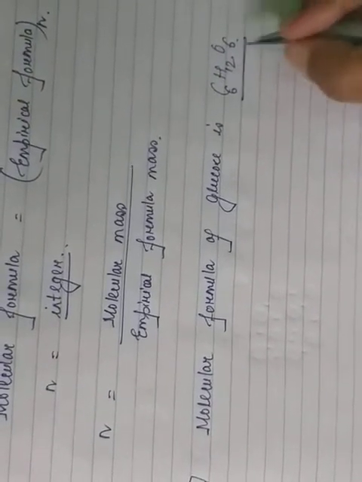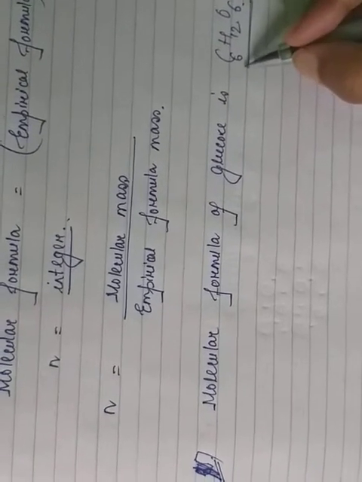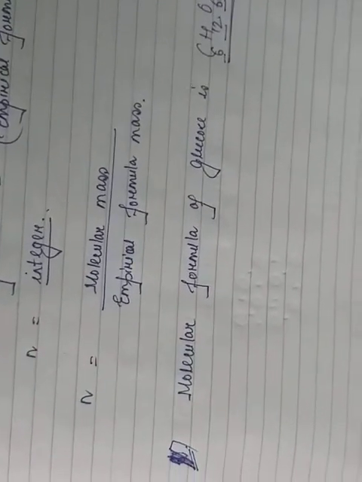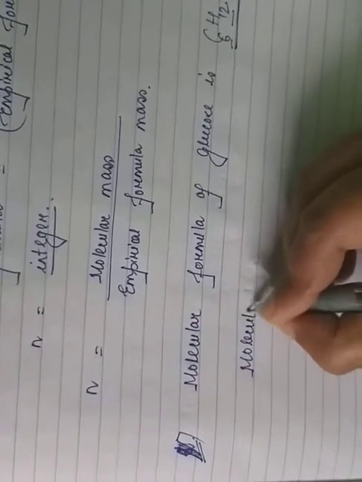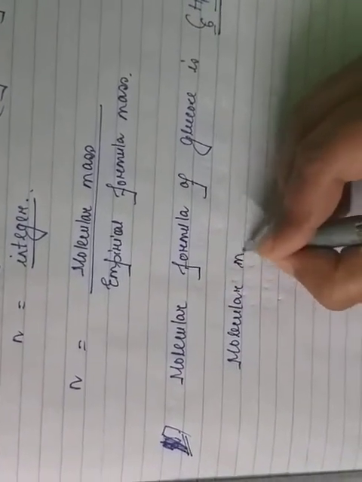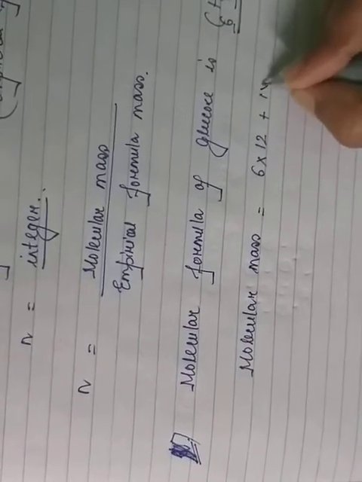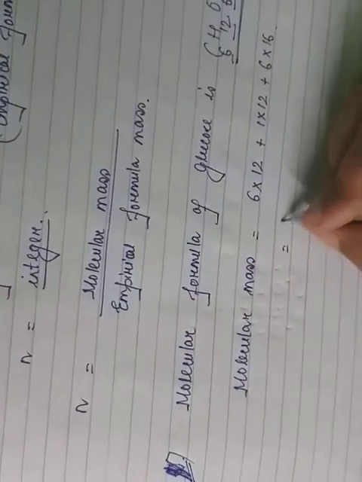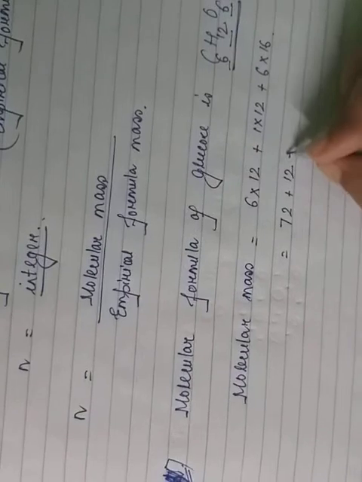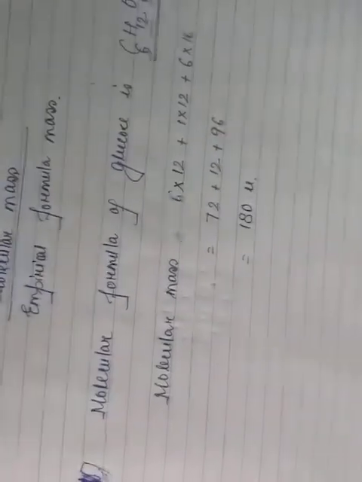That means a single molecule of glucose contains 6 atoms of carbon, 12 atoms of hydrogen and 6 atoms of oxygen. So its molecular mass, we know how to calculate it, is equal to 6 into 12 plus 12 into 1 plus 6 into 16. That is equal to 72 plus 12 plus 96, which is 180 U.